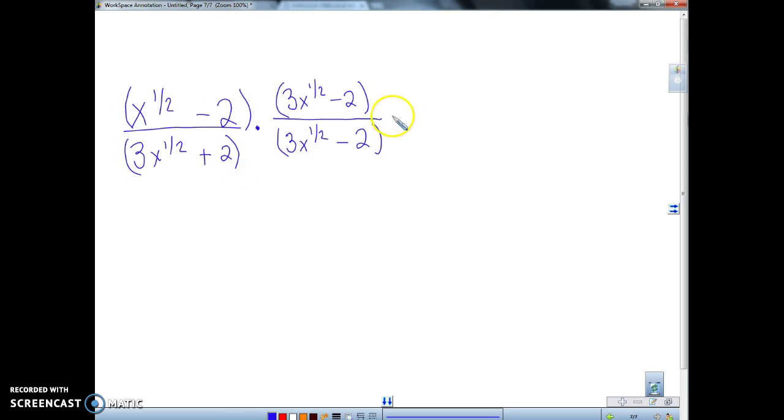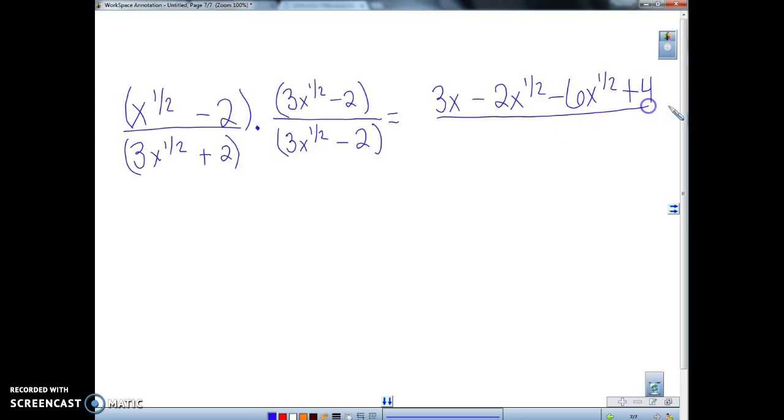So you have to FOIL the top. So x to the 1/2 times 3x to the 1/2 is 3x. x to the 1/2 times negative 2 is negative 2x to the 1/2. Negative 2 times 3x to the 1/2 is negative 6x to the 1/2. Then you have negative 2 times negative 2, which is positive 4. Our denominator, remember they are conjugates, so you only have to multiply the first and the last.